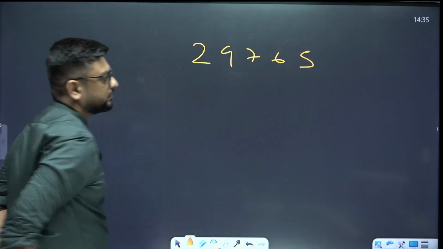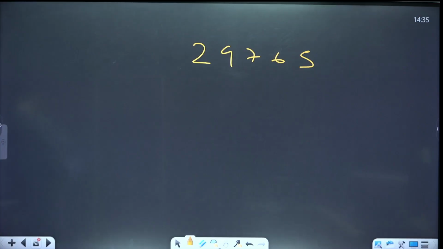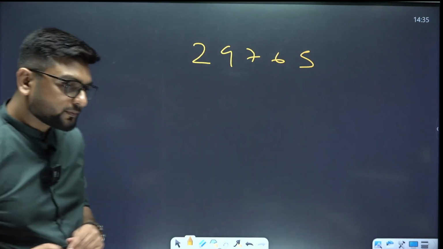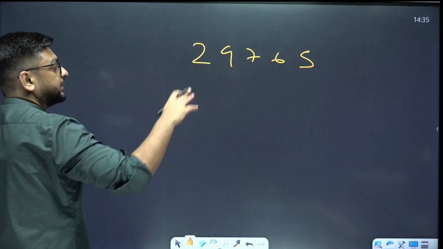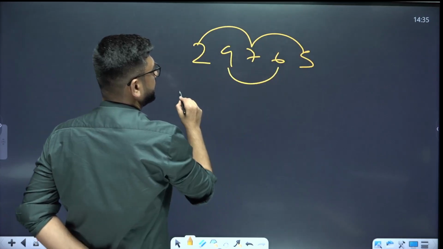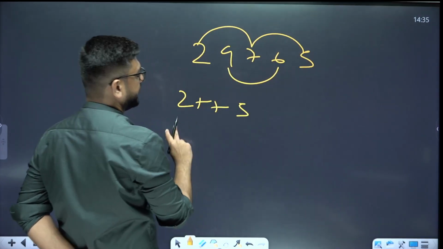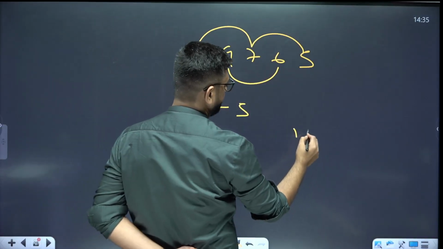29765. Is it divisible by 11? Now I need it fast. This is divisible by 11. All right. Let's see. 2 plus 7 plus 5, that is 14. 9 plus 6, 15.